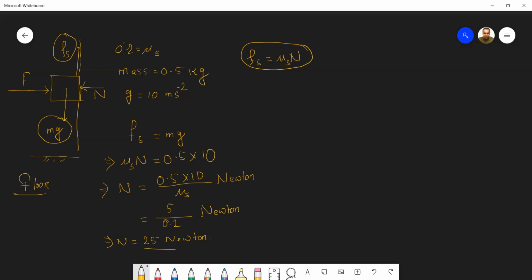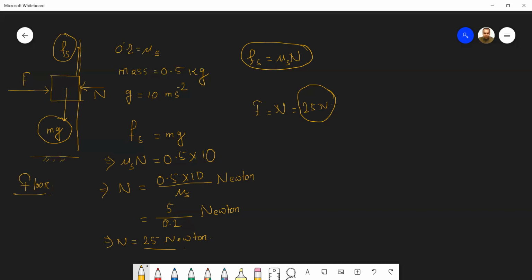You see here, N is opposite to this force F. Therefore, F is equal to N, which is equal to 25 Newton. So we must apply a force of 25 Newton on this block so that this block does not slide and it remains adhered to the wall. I hope you have understood the solution of this problem.